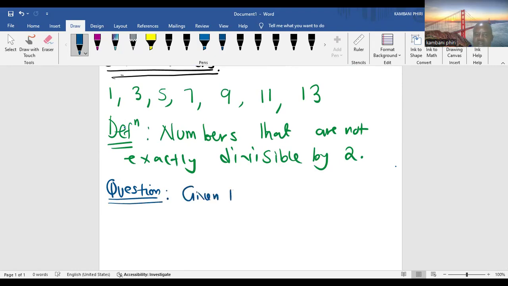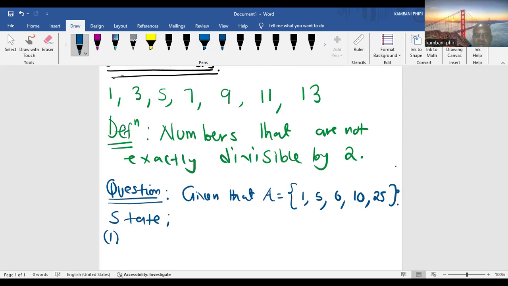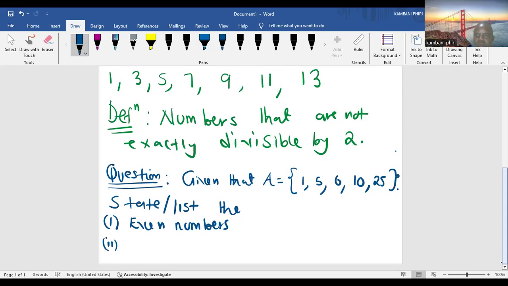Given that set A is equal to 1, 5, 6, 10 and 25, state or list the even numbers and the odd numbers.